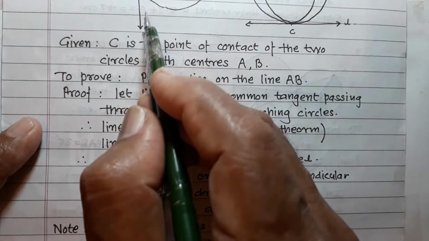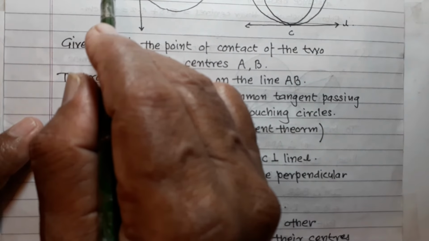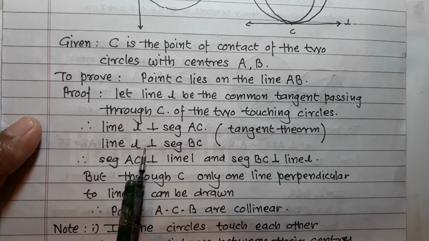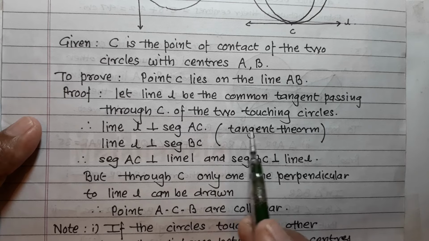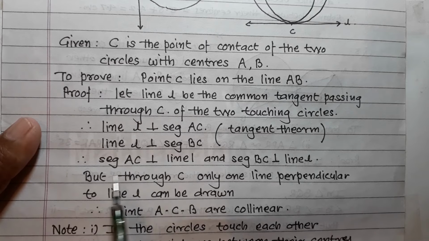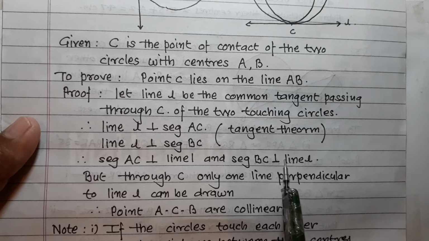So this line L is a tangent, therefore it is perpendicular to this radius AC, and similarly line L is perpendicular to seg BC, reason: tangent theorem.